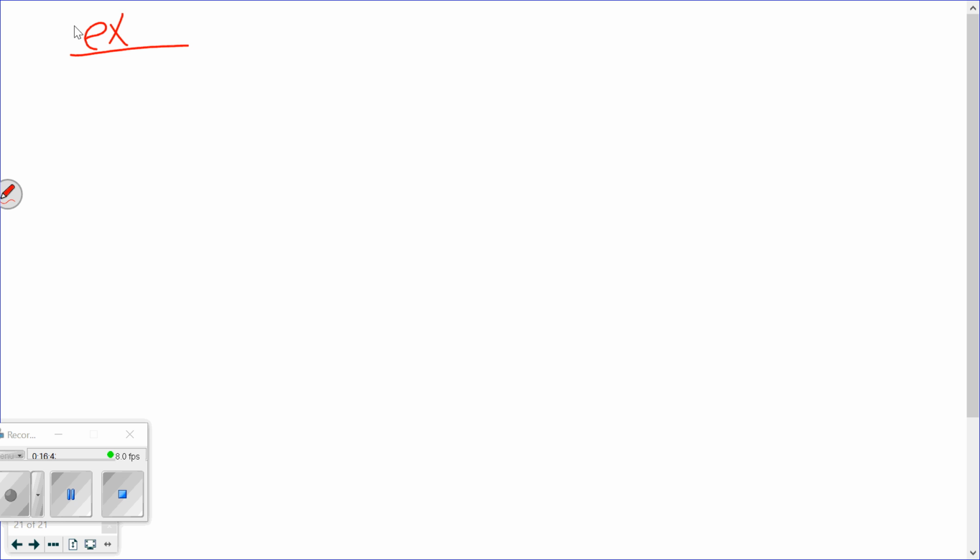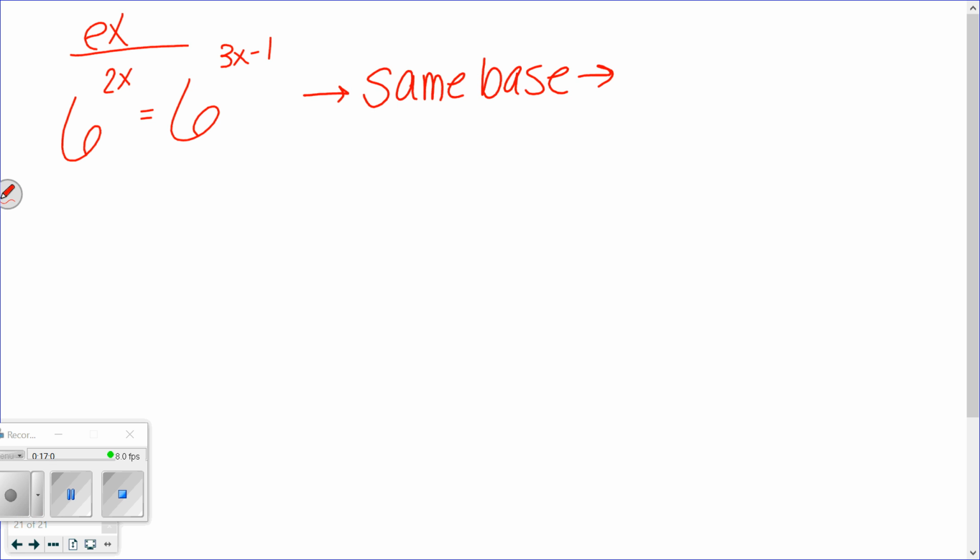Yesterday we focused on, for example, 6 to the 2x equals 6 to the 3x minus 1. How did you solve something like that? Good. If they have the same base, you just set the exponents equal to each other, and solve.